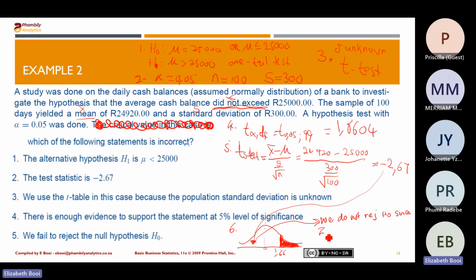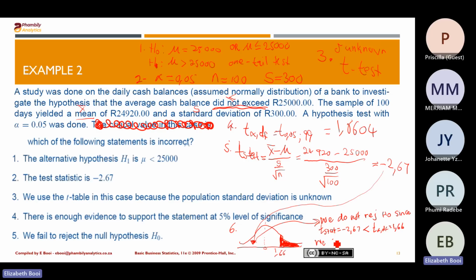Since there's not the Z, but the test statistic of minus 2.67 is less than the t alpha with degrees of freedom of 1.666.